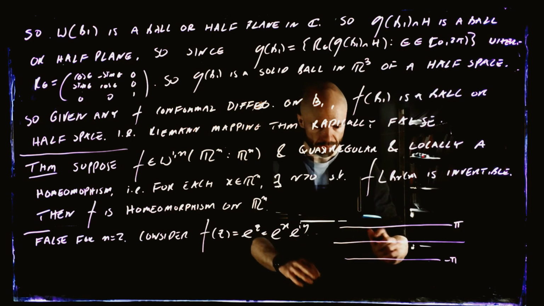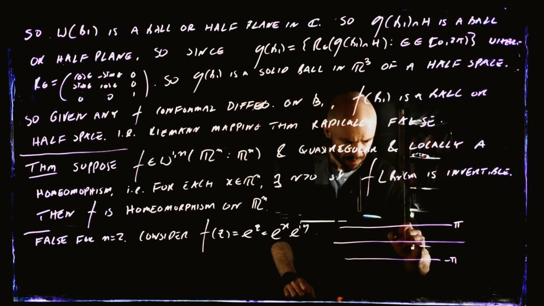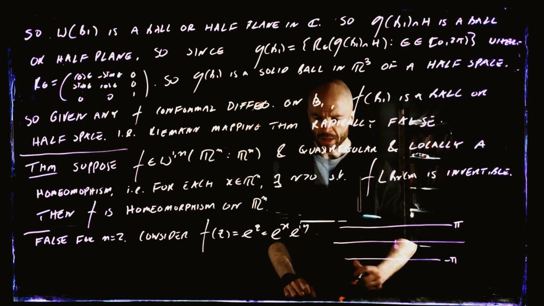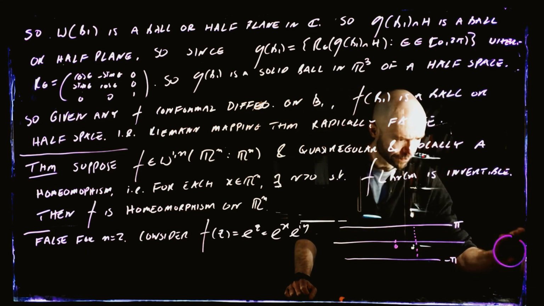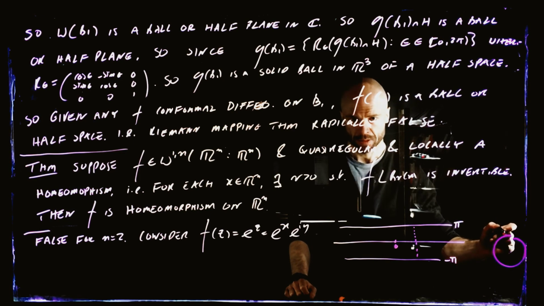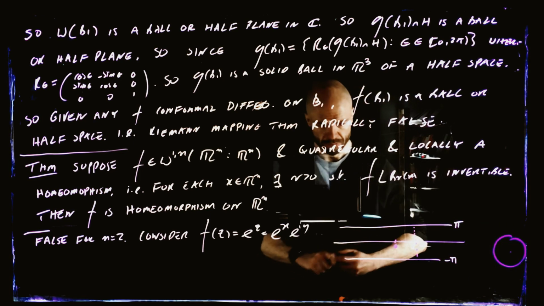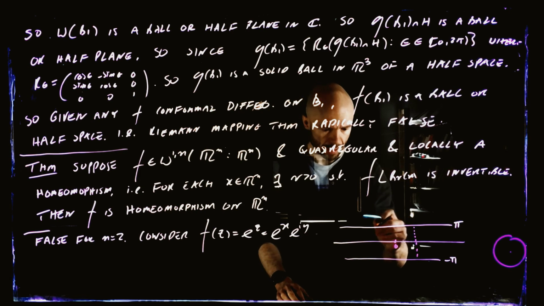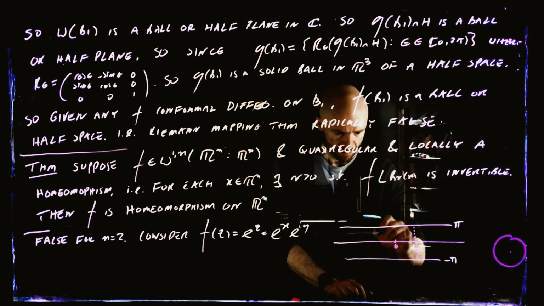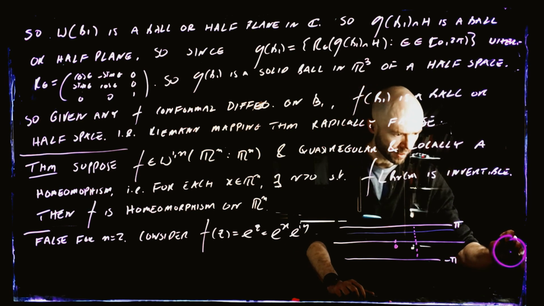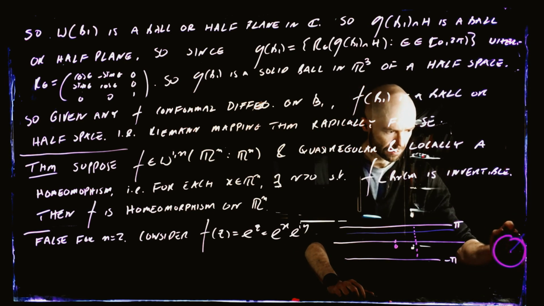Well, if we say this is 0 right here, if we take a vertical line going down like this, that's going to form a circle like this in the image, yeah? And if we take a horizontal line like this, that's going to form a ray coming out like this, yeah?